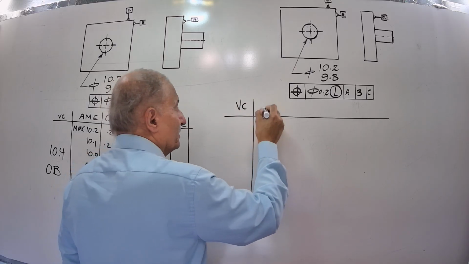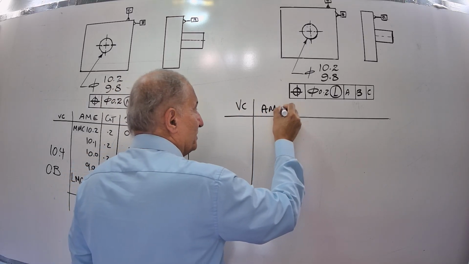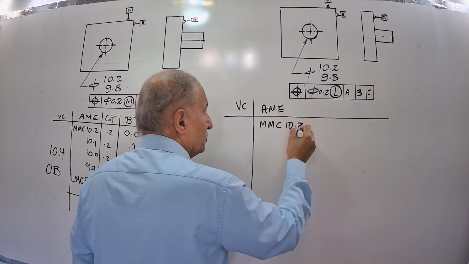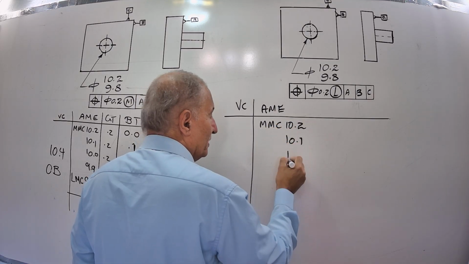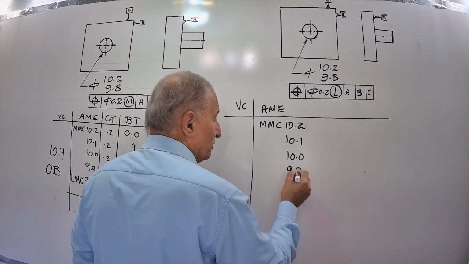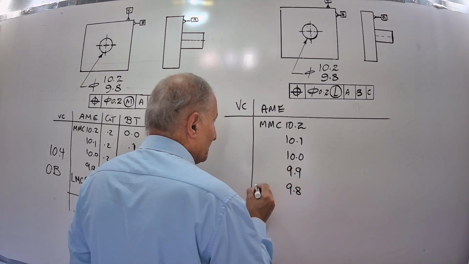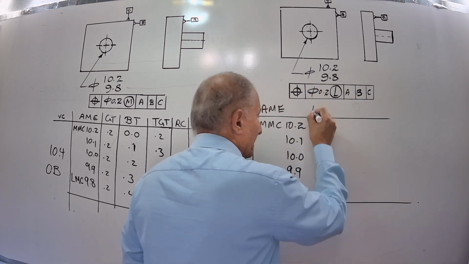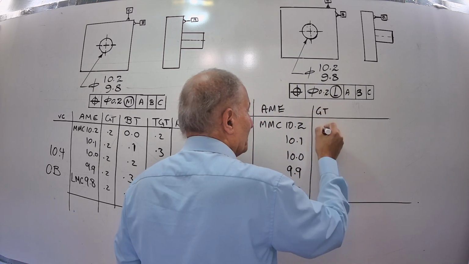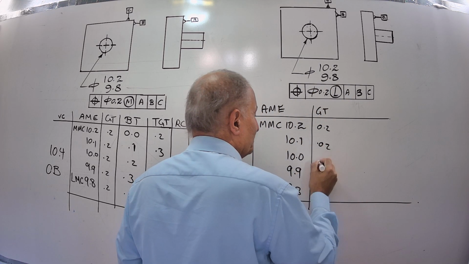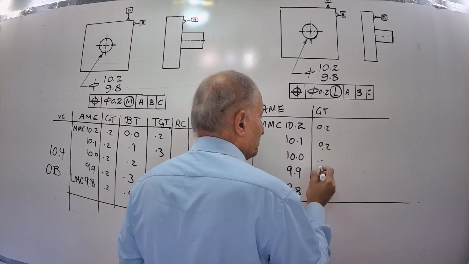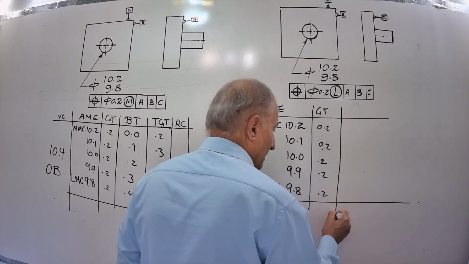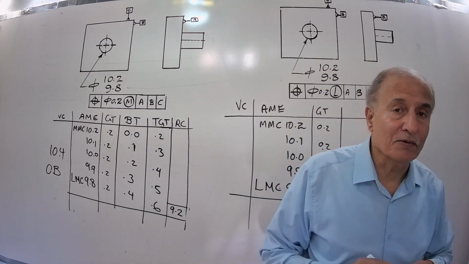Virtual condition, actual mating envelope from MMC: 10.2, 10.1, 10, 9.9, 9.8, which is LMC, and geometric tolerance, position geometric tolerance 0.2, 0.2. At LMC, what does the L modifier mean here?